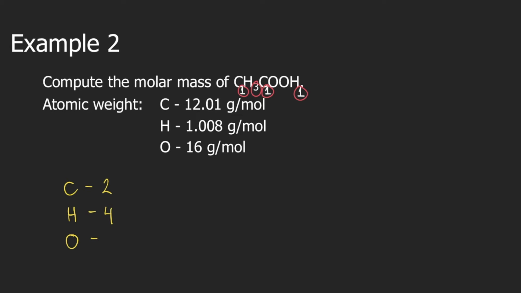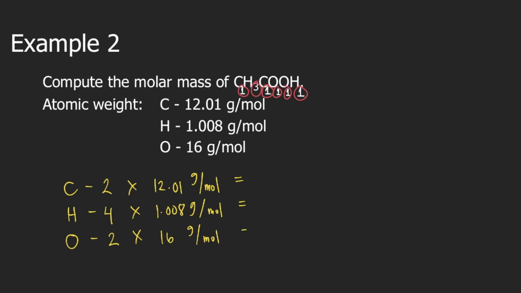And for oxygen, we have 1 plus 1, 2 oxygens. So let's multiply the atomic weight. 2 times 12.01 for carbon, 4 times 1.008 for hydrogen, and 2 times 16 for oxygen. And then solve this using your calculator.